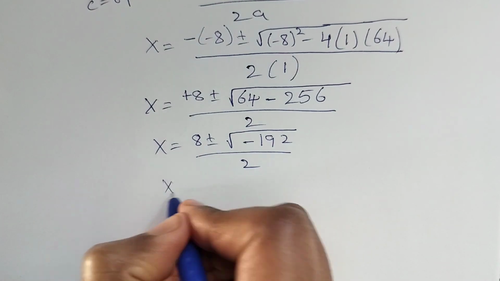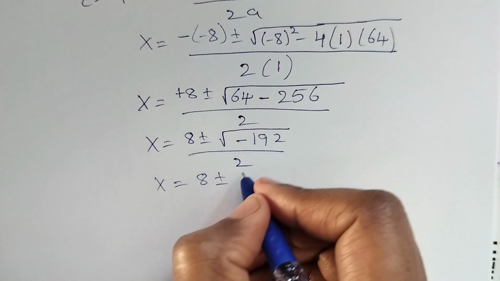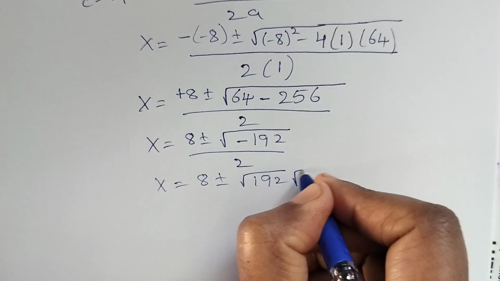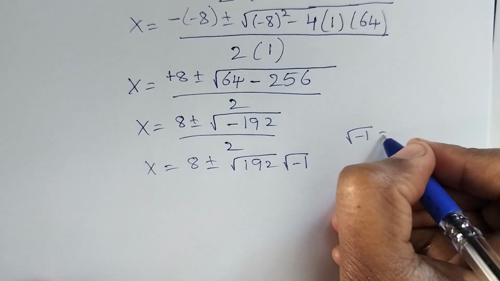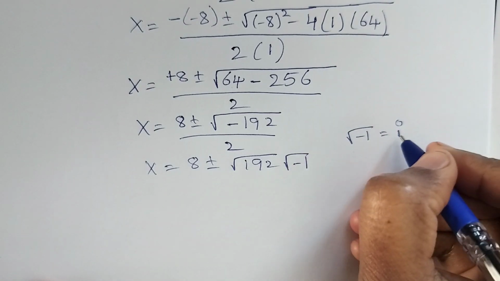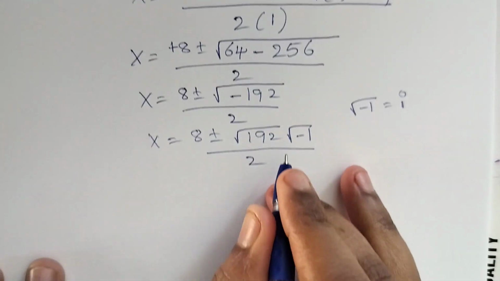So here x is equal to 8 plus or minus, so we can write this as square root of 192 times square root of minus 1. So here square root of minus 1 is equal to an imaginary value. So in place of square root of minus 1 we can write i, divided by 2.